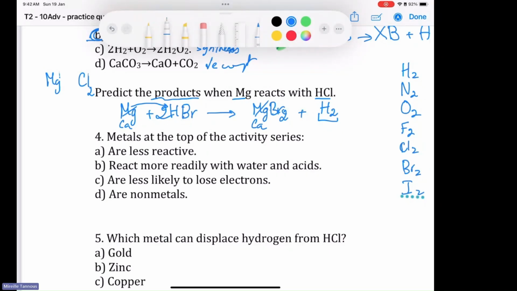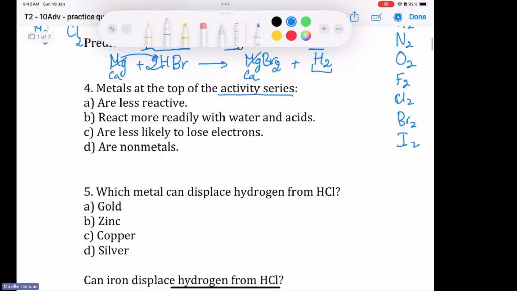Now, metals at the top of the activity series. Note that the activity series will be given to you in the quiz. The metals of the activity series are classified from the most reactive to the least reactive. The ones at the top are the most reactive.